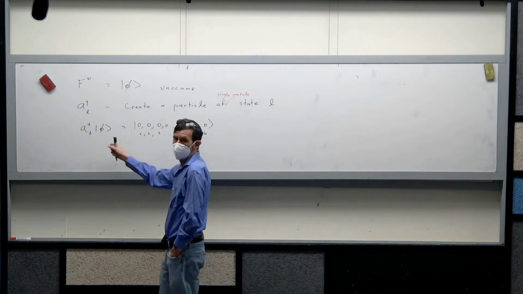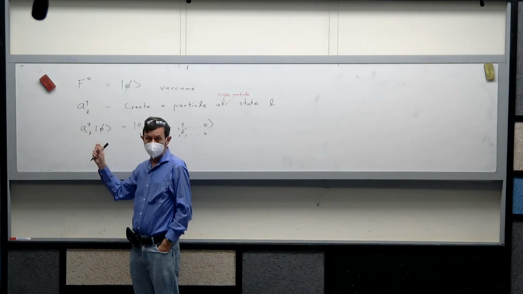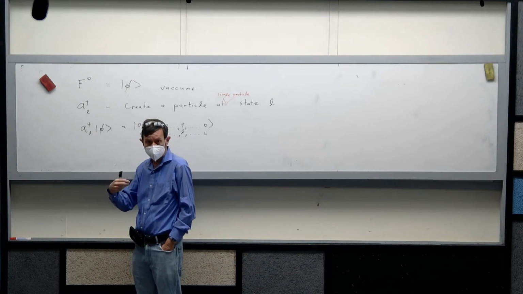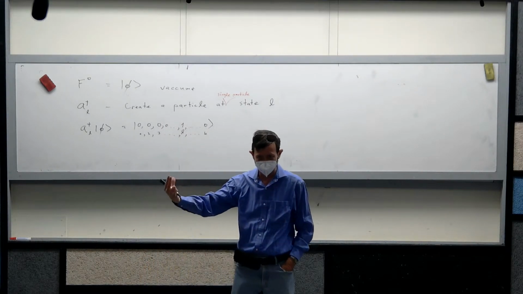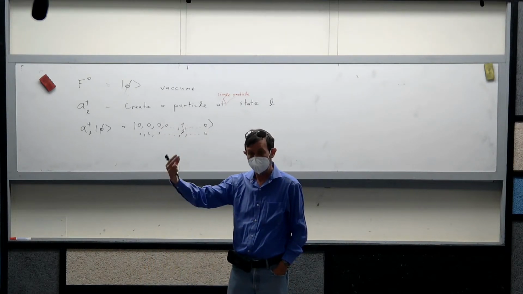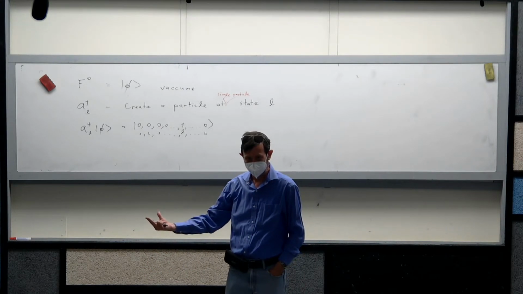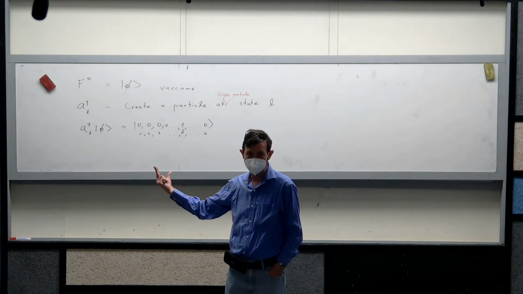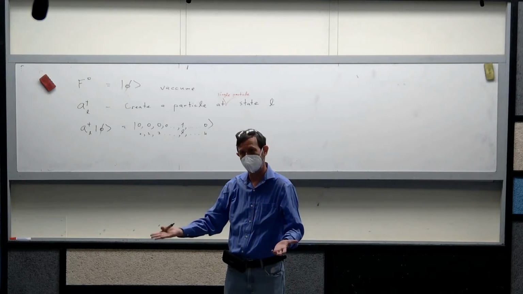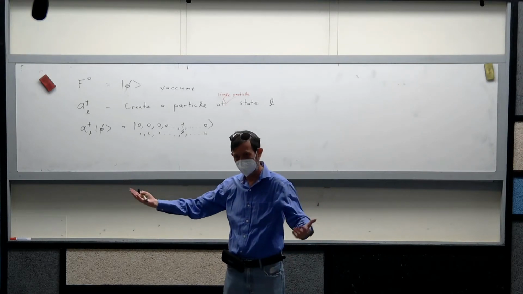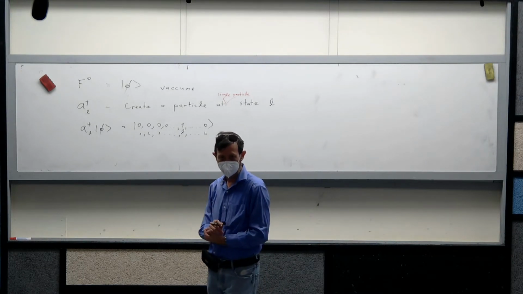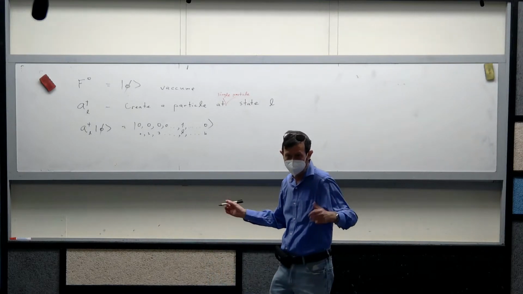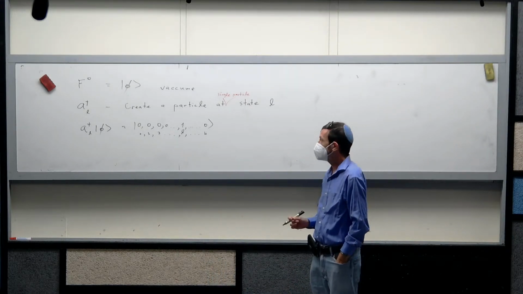Here, conceptually, it's a similar case. I'm creating a particle with a certain quanta at a certain state. That's why they called it second quantization, because I'm working on a quantized one-particle system and adding creation and annihilation to it. That's just terminology.